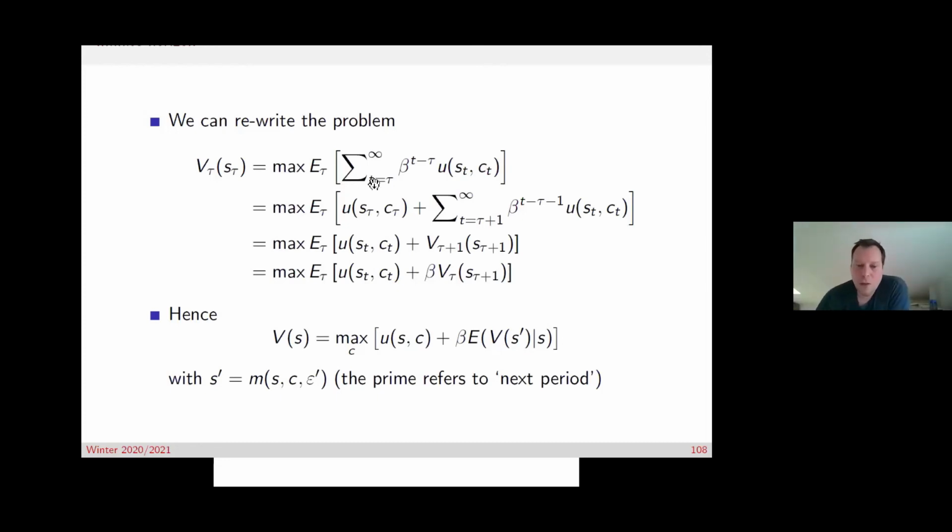The only thing is that here this iteration just leads to one value function that we are after, and in the finite horizon case, every iteration led to the value function of the respective period. So these are two different notions, but the operative approach is the same.